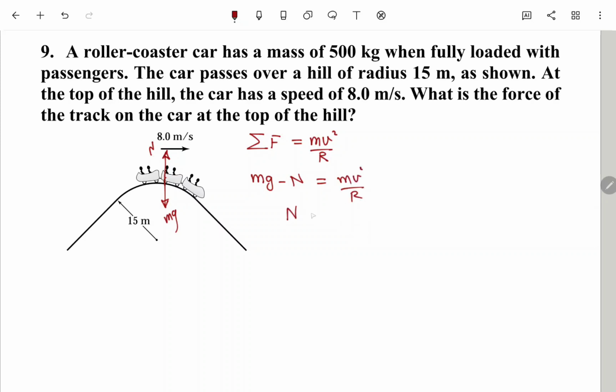And normal, that's what we're looking for, equal to mg minus mv squared over r. In other words, 5,000 minus 500 times 8 square divided by 15, or in other words, the normal equal to 2,866 newtons.